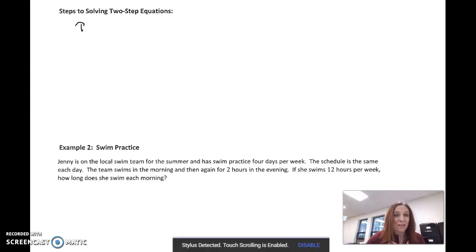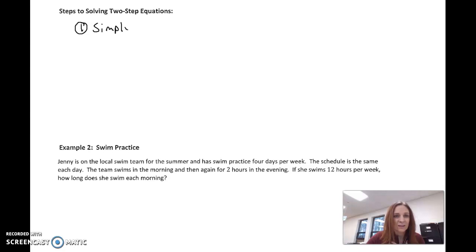Okay? The first step is we have to simplify each side of the equation. I could say of the equal sign, but I want to say equation.